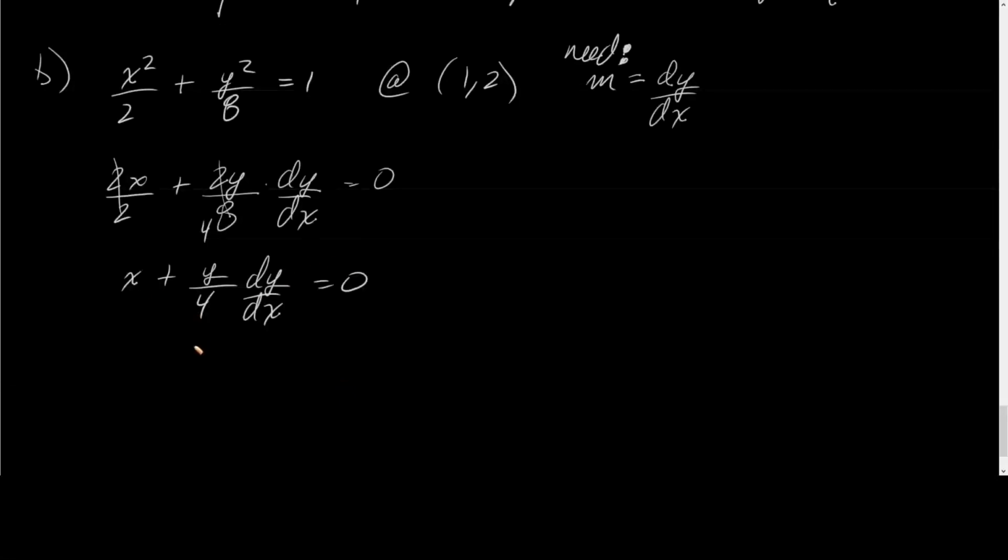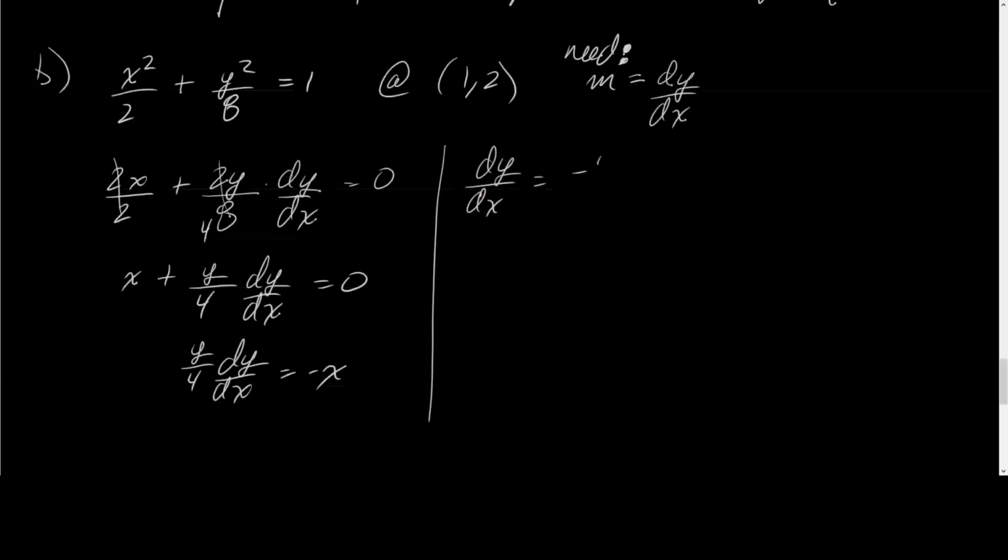Move the x to the other side: y over 4 times dy dx is equal to negative x, so that dy dx is equal to, divide by y. So we had negative x, we divided by y, and then multiply by 4. So we really have here negative 4x over y. Multiply by 4, divide by y. All right. So that is dy dx.